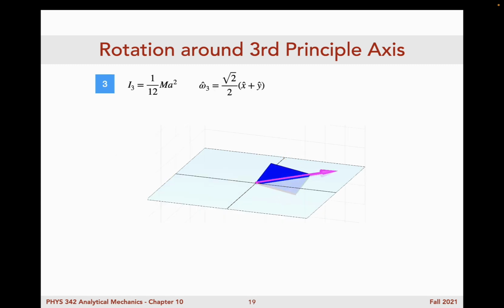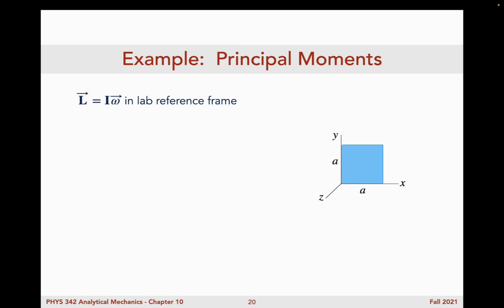And here it is spinning around the third principal axis that cuts diagonally through the square. Okay, so that's basically it.